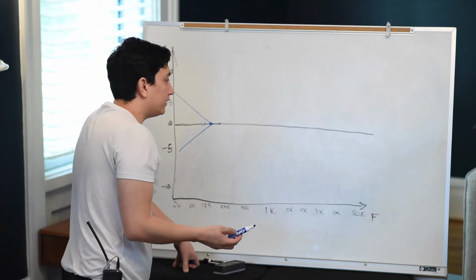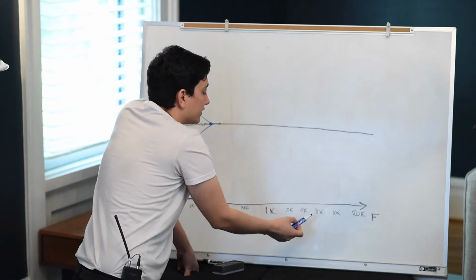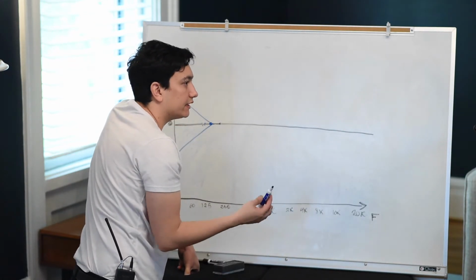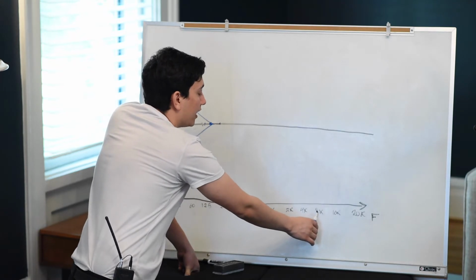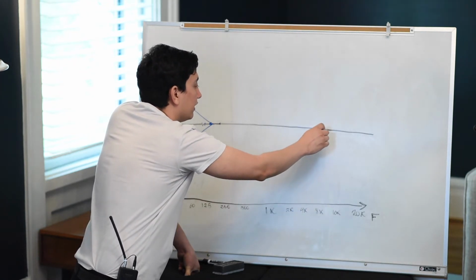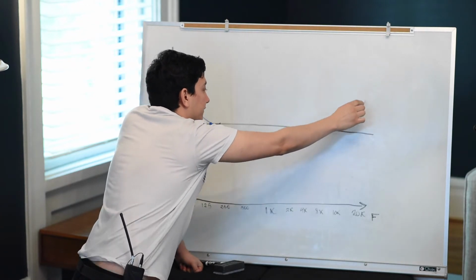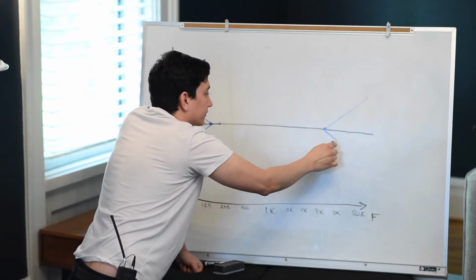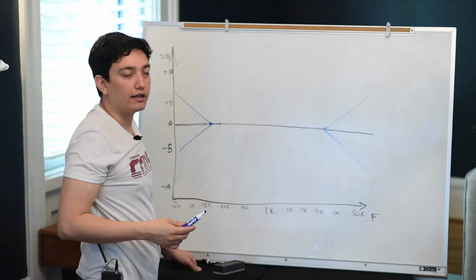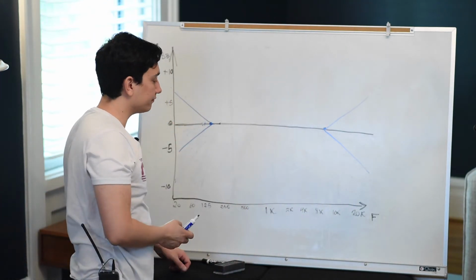And the high shelving is the same. You have a fixed frequency that generally is between 5 or 8 kilohertz. From that frequency, if you lift, you will lift all the high frequencies, or you will cut all the high frequencies.